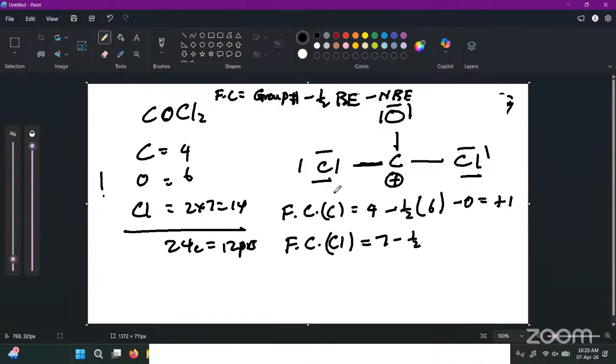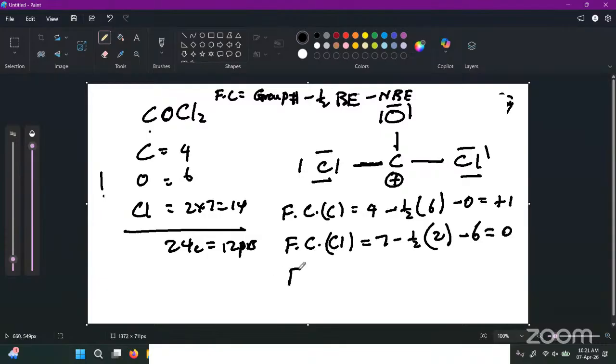So we're just doing one calculation and applying it to both of them, right? So for this chlorine atom, how many bonding electrons does it have? 2. And then minus the number of non-bonding electrons. How many non-bonding electrons do we see here? 6 would be the answer. Okay, so 7 minus half of 2, so that's 7 minus 1, that's 6, minus 6, 0. So therefore, there's no charge on the chlorine.